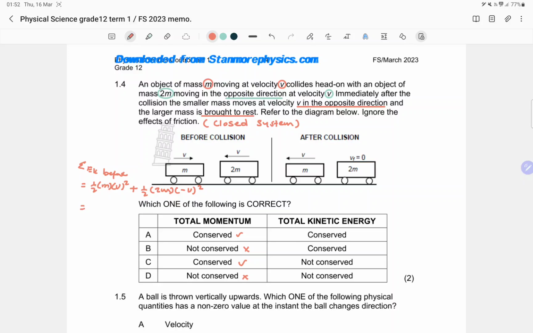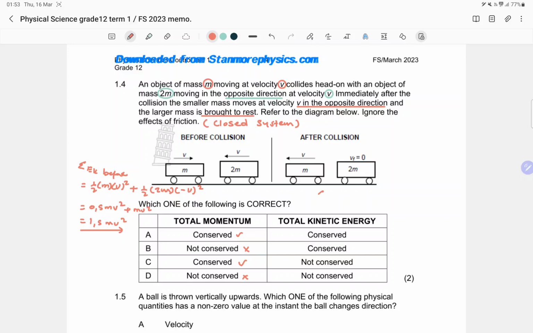What do we get here? This is basically 0.5 mv squared plus this one is going to be 1 mv squared, and then this is 1.5 mv squared. Okay, that is the total kinetic energy before collision.